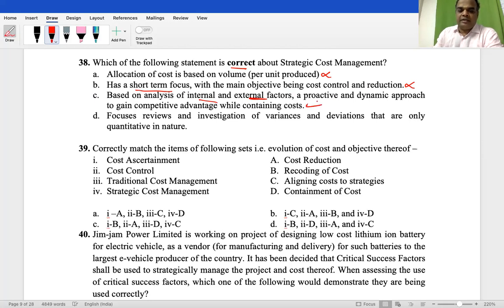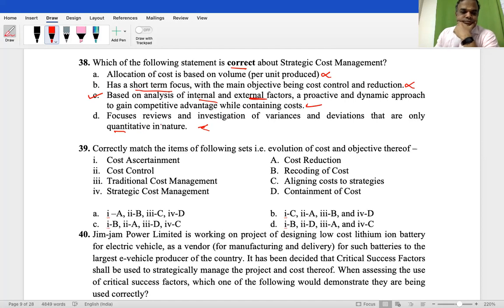Correct. Option D focuses on review and investigation of variances and deviations that are only quantitative in nature. Not correct. Therefore, option C is the correct answer.